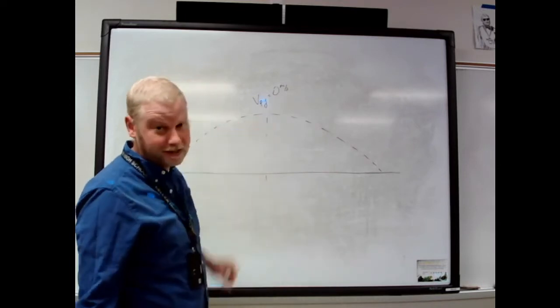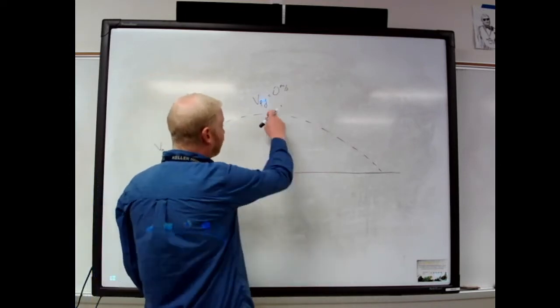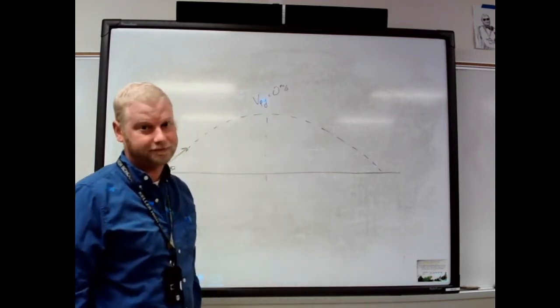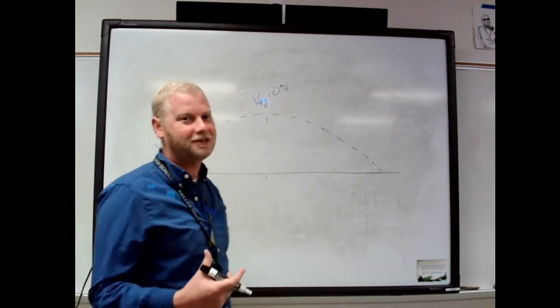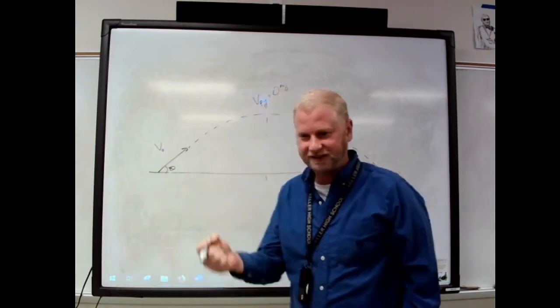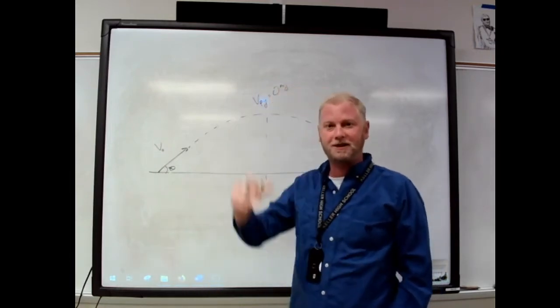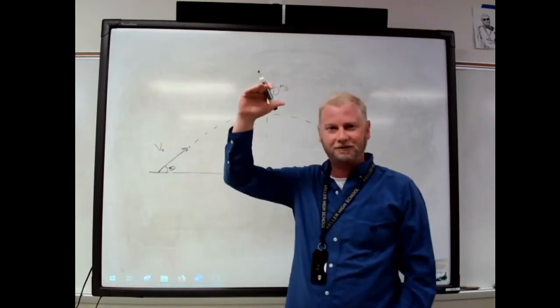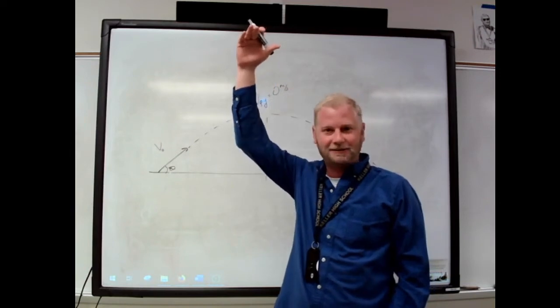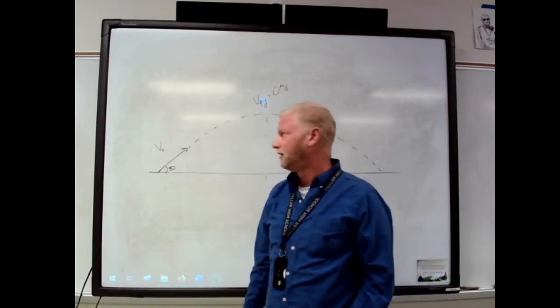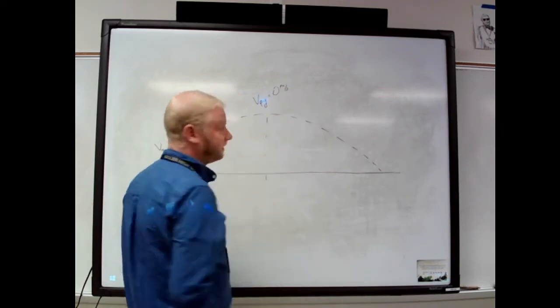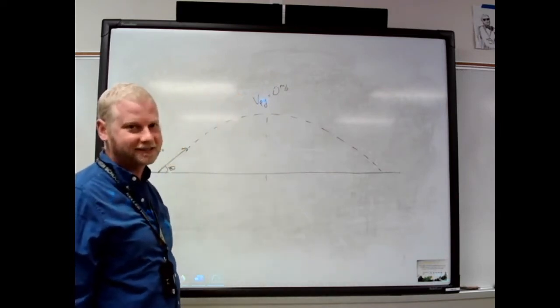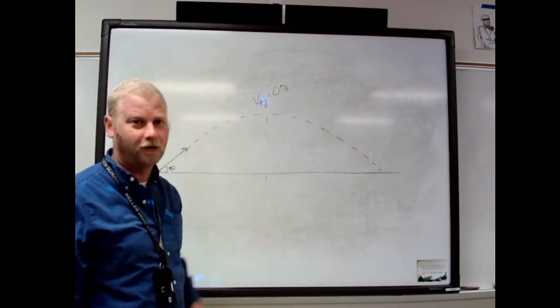Up here at the peak though, it still has horizontal velocity. At the peak, the vertical velocity is 0, just like if you threw a ball straight up in the air, it slows down in the vertical until it stops at its maximum height, and then comes back down. Vertically speaking, it's stationary, but it still has that constant horizontal velocity.